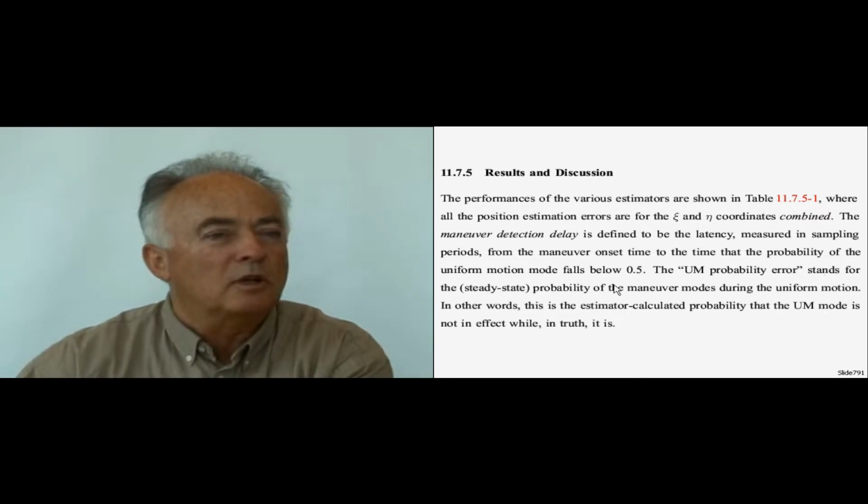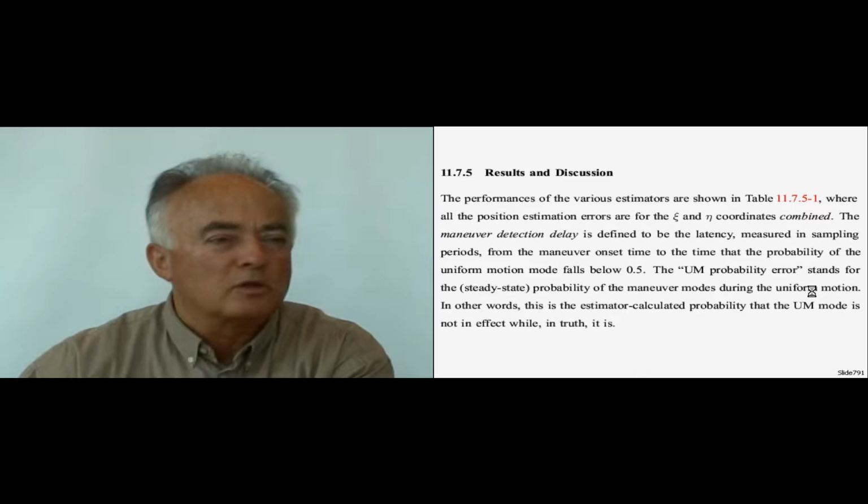The probability error denotes the steady state probability of the maneuver modes during uniform motion, and it should be as low as possible. So this is the estimator calculated probability that the uniform motion mode is not in effect, while in truth it is.